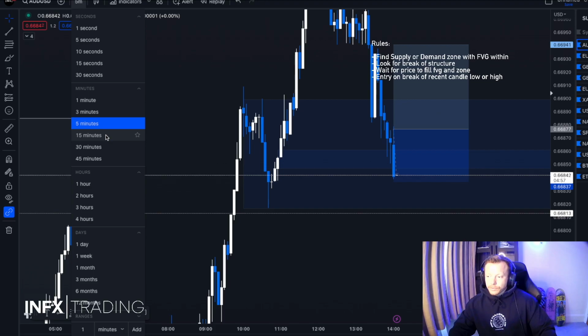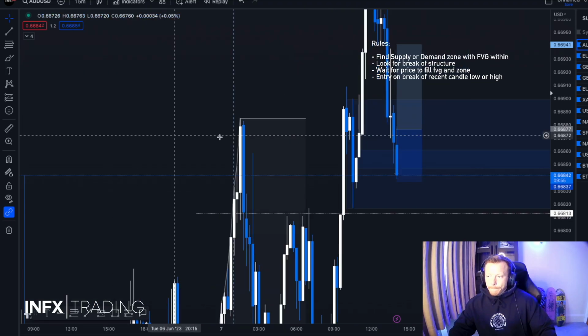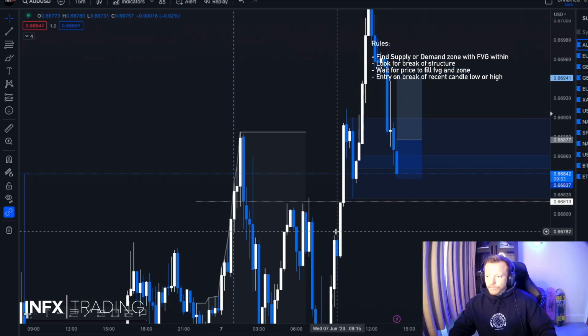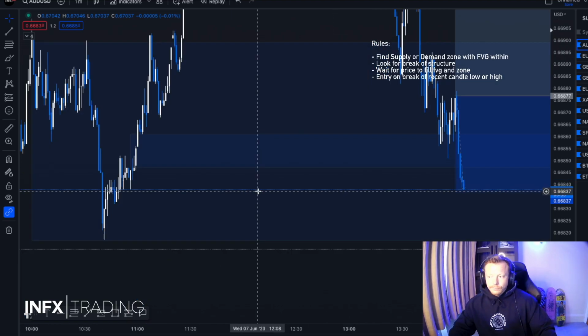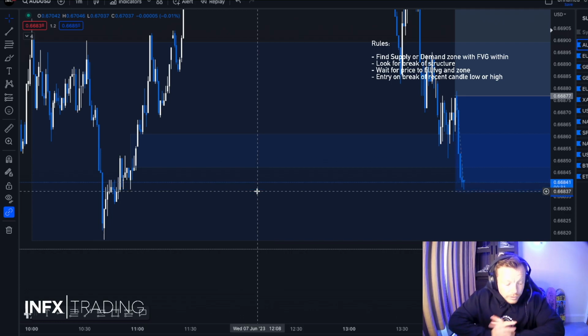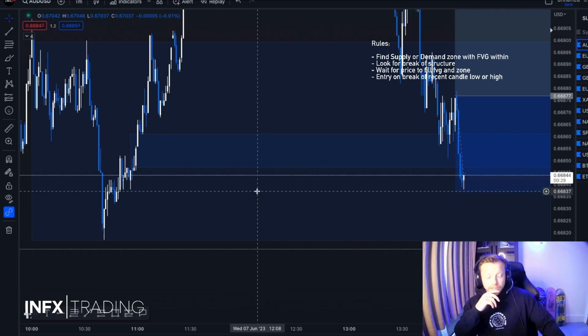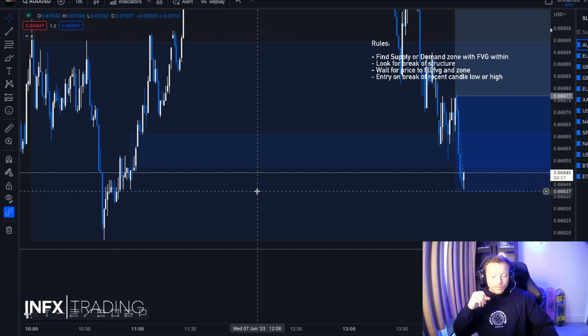New candle has opened. Still not stopped out yet. Okay, that's a bit of a shame. Still not stopped out yet, but it's just not looking very promising. Obviously, this doesn't damage our account too much.